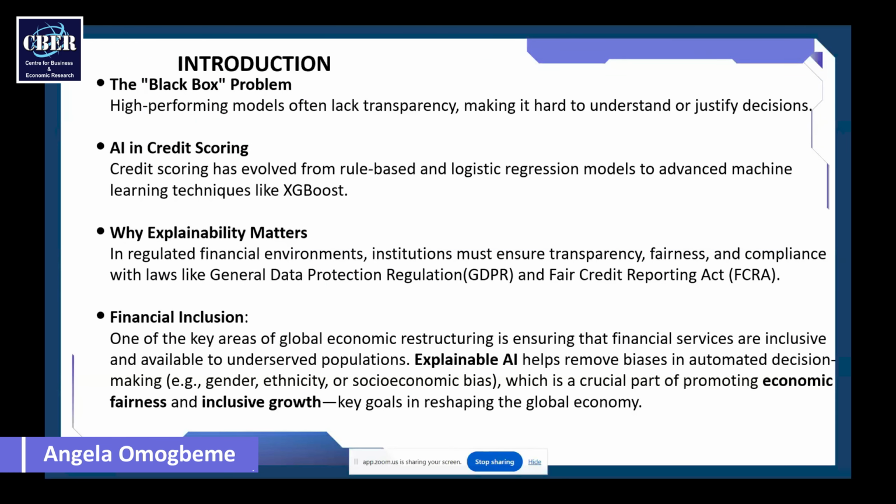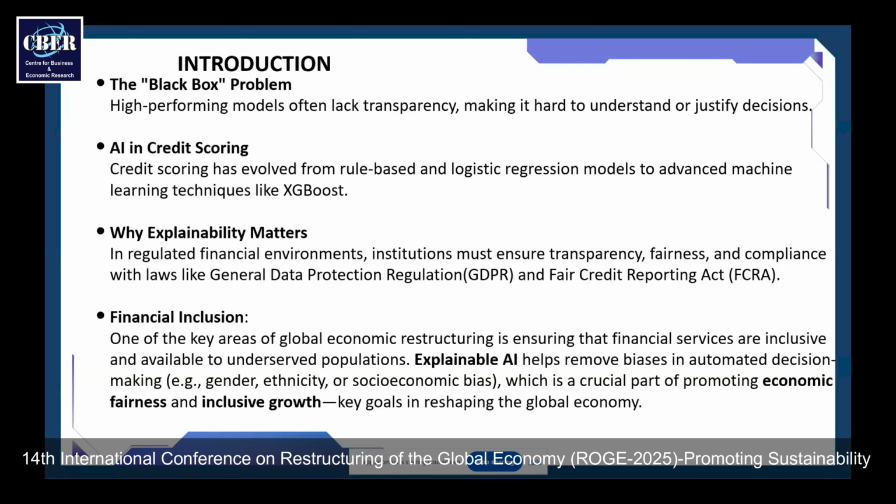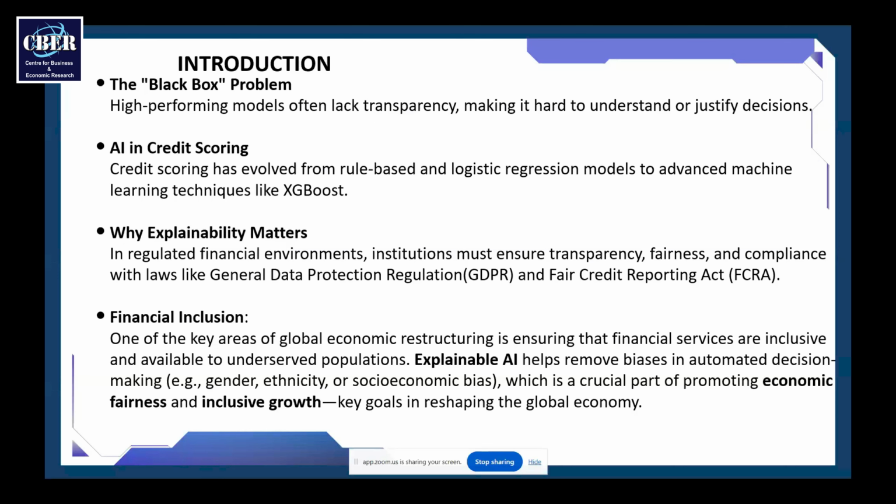Briefly, let me introduce what I'm going to be talking about in a few minutes. The first one is the black box problem. What does this mean? In traditional predictive analysis in banking, when a customer is about to be given a loan, it could predict if the loan should be approved or not. It's just like a coach trying to train a team.